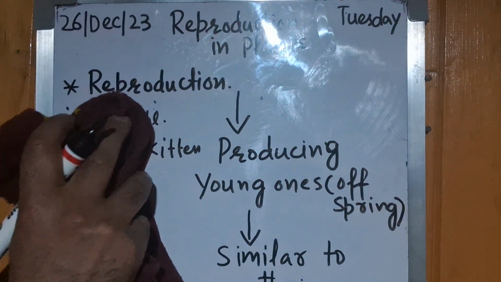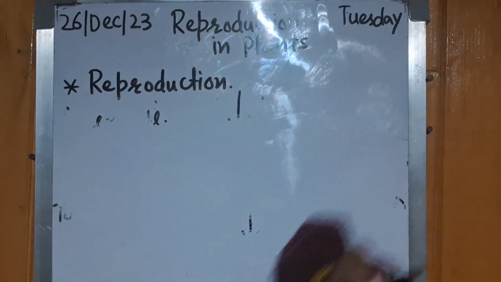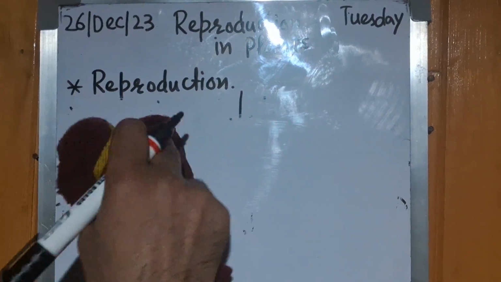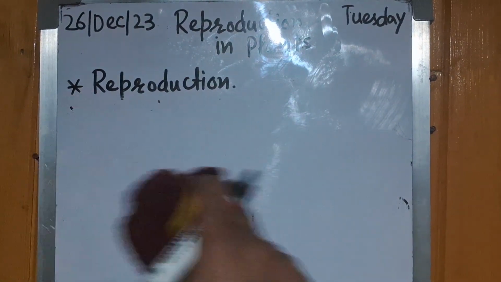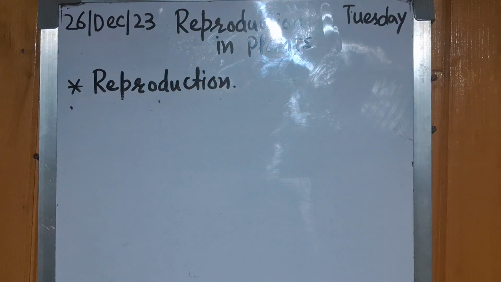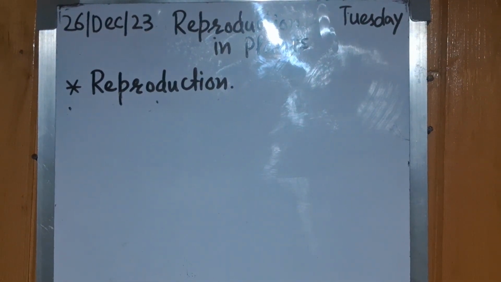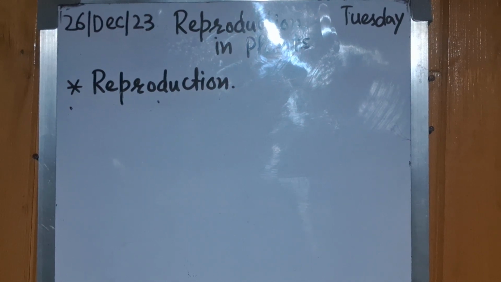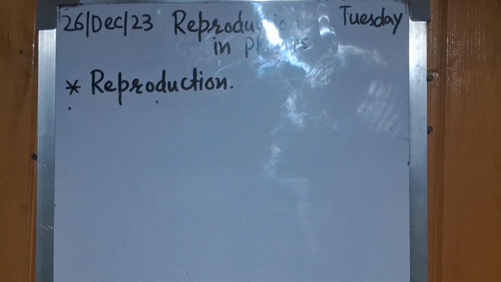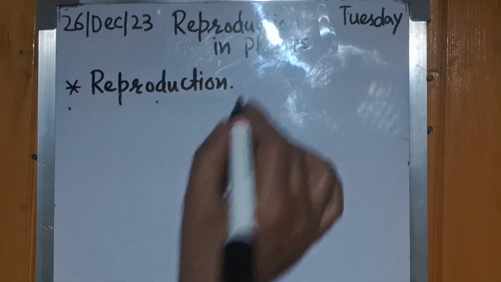Now we will study why reproduction is an important life process. During the whole life cycle of an organism, this organism undergoes different phases, and it performs different types of life activities, and one of the life activities is reproduction.